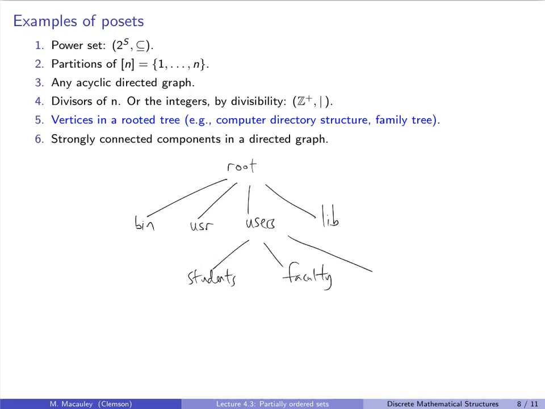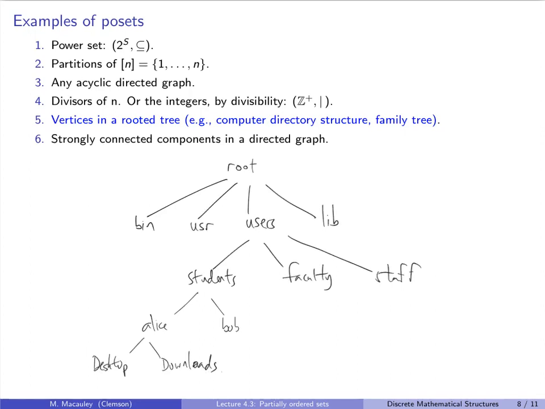and then there might be staff, and maybe within students, there might be Alice, there might be Bob, within Alice there might be desktop, and there might be downloads. And of course, a lot more than this.